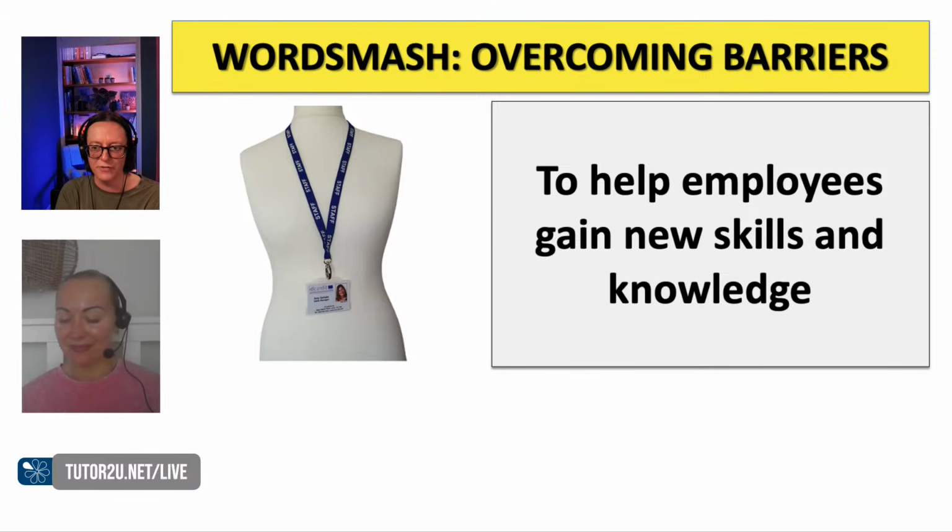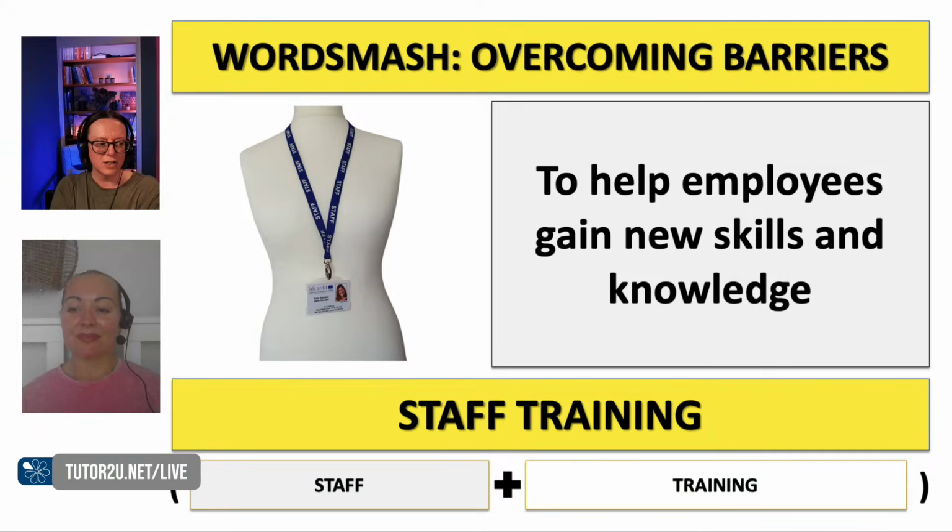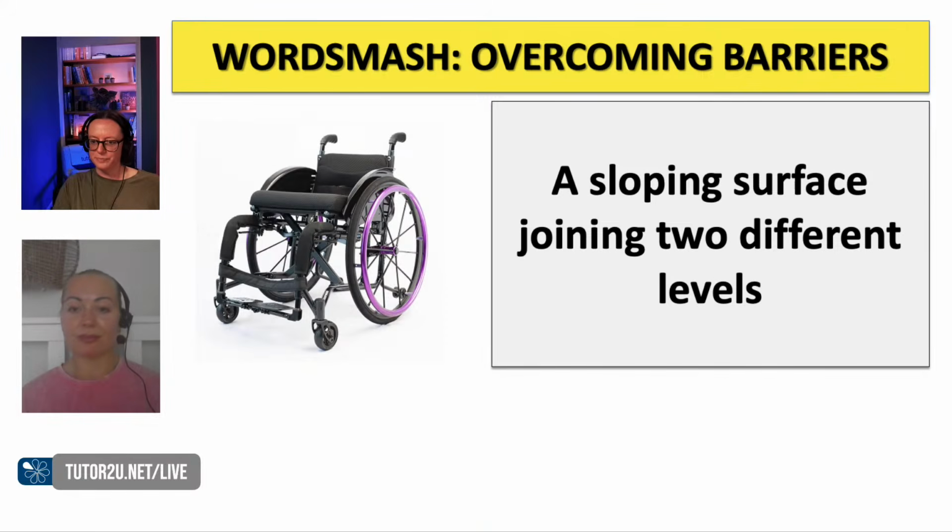Chloe says staff training. Yep. So staff training can be a really good way to overcome barriers. If you train your staff in deaf awareness, then they know better how to communicate with people with hearing impairments, for example. If you train people in how to work with people with autism, then they can help overcome sensory barriers as well.